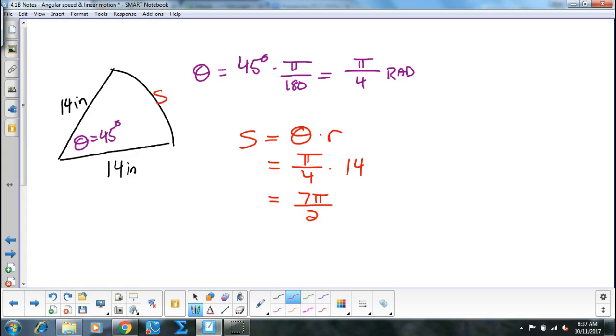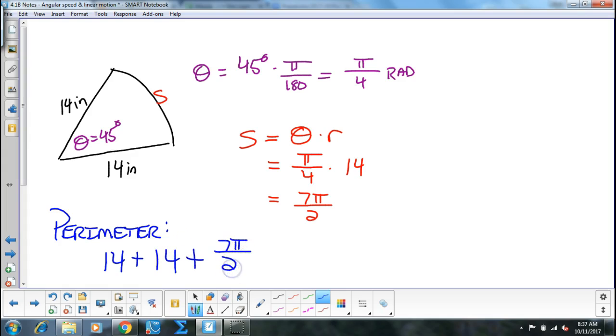Okay. So my perimeter is going to be 14 plus 14 plus 7 pi over 2, because there's 3 sides to my slice of pizza. So that would be 28 plus 7 pi divided by 2.